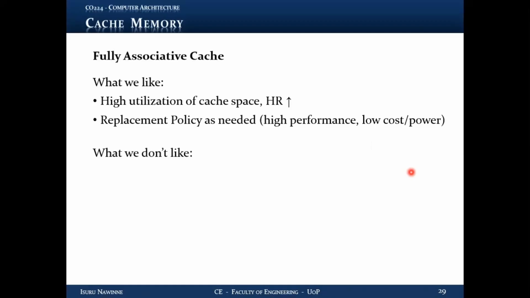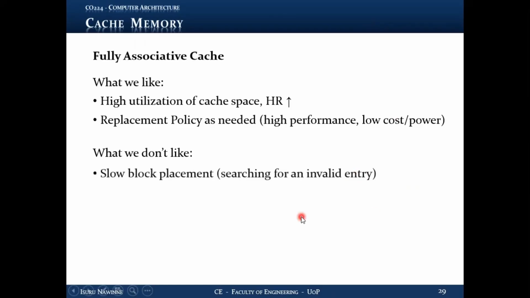So if you want really high performance, you go for things like PLRU. If you go for low cost and low power, you go for replacement policies like first in, first out, right? Simpler controller, compromising some performance. What do we not like with fully associative caches compared to direct map? That is, the block placement is slow, right?